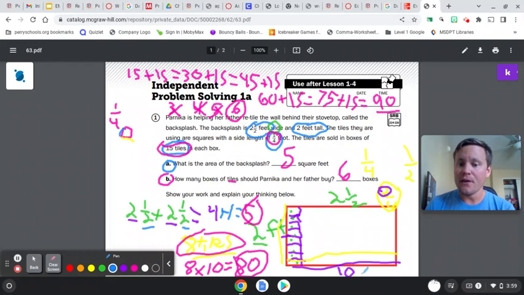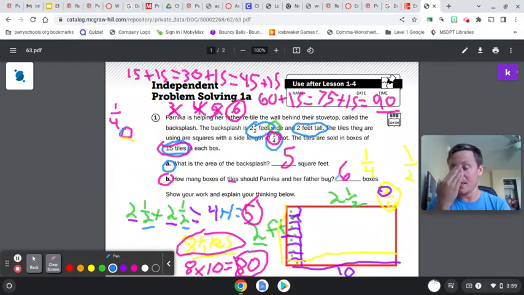And if I multiply to figure out the area, the number of tiles I'll need to cover it, that would be 10 times 8, which equals 80. And then, final step, I had to figure out, if each box had 15 tiles in it and I need 80, how many boxes do I need? That would be a total of 6 boxes.